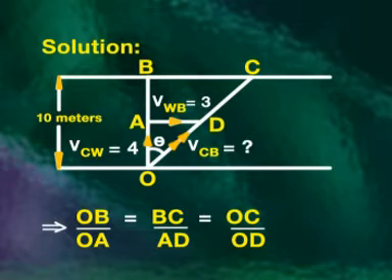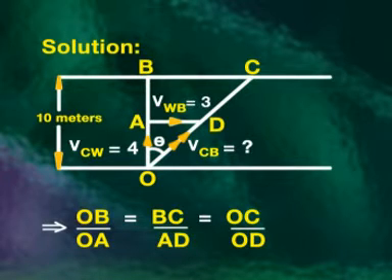The diagram shows triangle OAD and triangle OBC, which are similar triangles because their corresponding angles are equal.